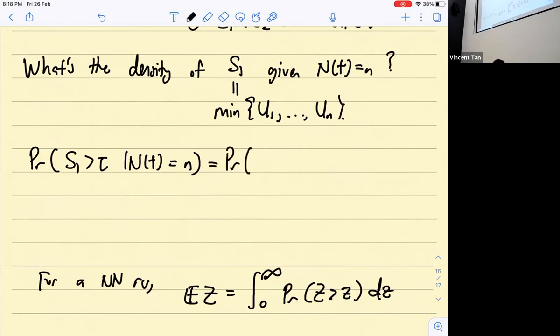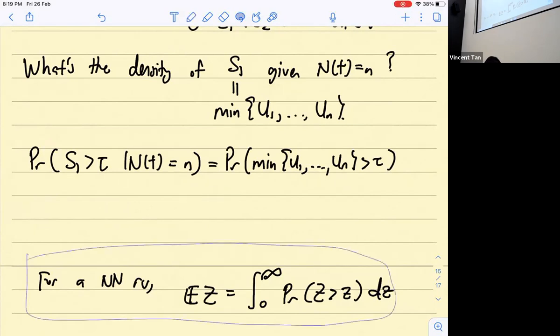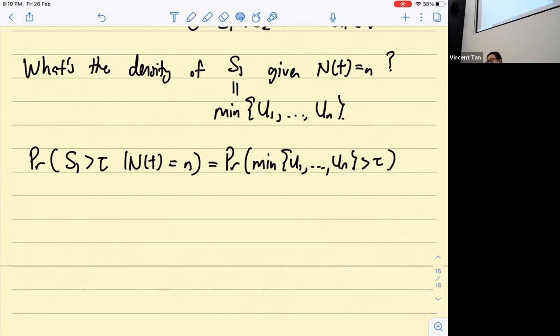This is nothing but the probability that the minimum of U1 up to Un is bigger than tau. This is the definition of S1 given N_T equals n, since S1 is the minimum. So I just plug in the benchmark. Now, if the minimum of a bunch of random variables is bigger than tau, then surely everybody is bigger than tau.